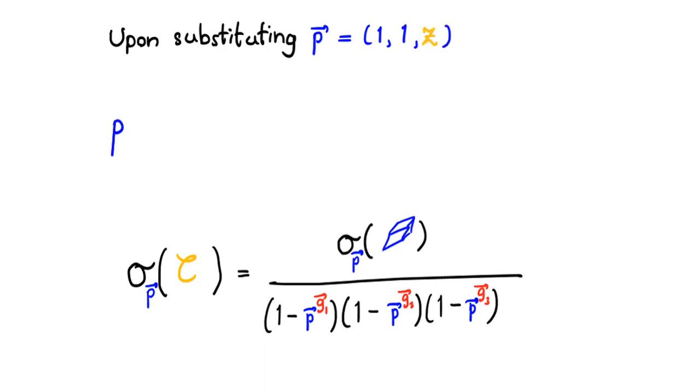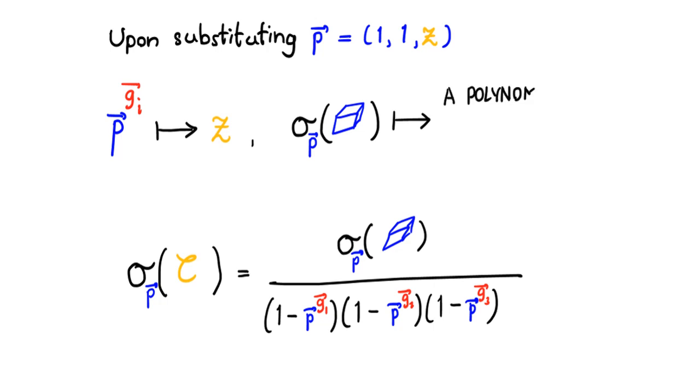What will happen to this guy if we substitute P1 and P2 to be 1 and P3 to be Z? Well, the x and y coordinates will disappear, and we will be left with z to the power of the z coordinate. But since our triangle lives in the plane z equal to 1, this is just equal to z. So what about the numerator? Well, what happens to the sigma of the parallelepiped?